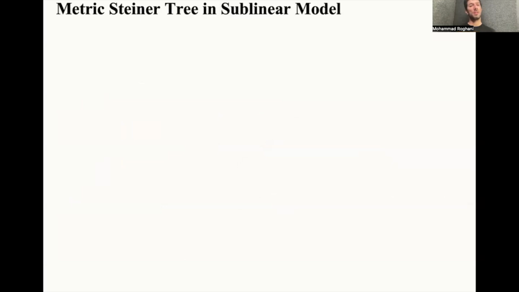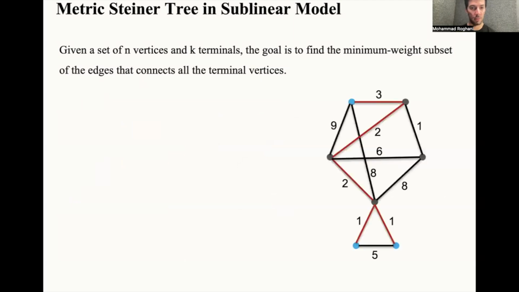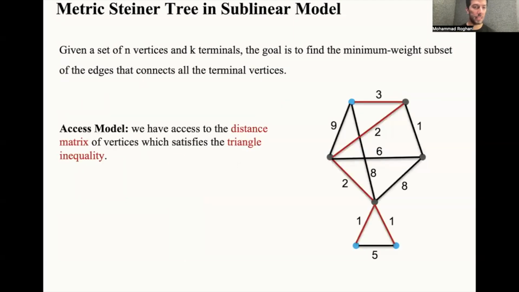For the metric Steiner tree problem in the sublinear model, again, we are given n vertices and k terminals. The goal is to find the minimum weight subset of the edges that connects all the terminal vertices. We can query the distance between two vertices.